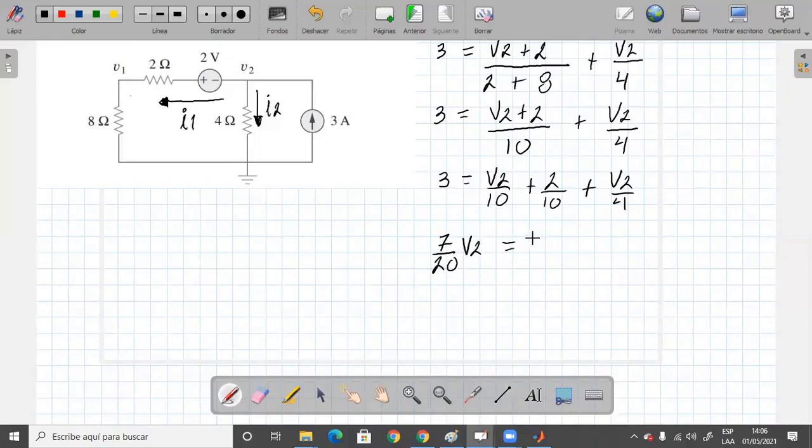Three, and I'm going to pass this to the other side: minus 2 over 10. I continue operating. It would be 7 over 20 V2 equals 3 minus 2 over 10. If I do this operation, it will be 14 times 5.